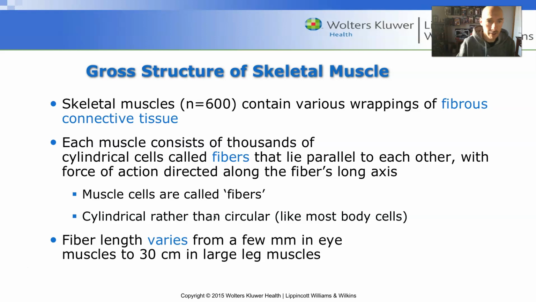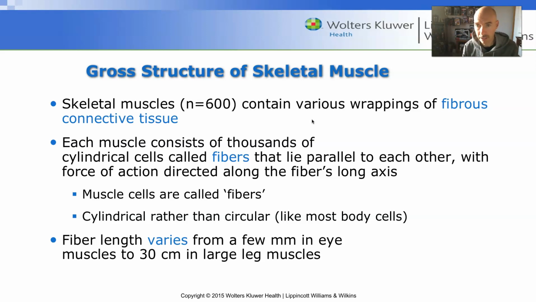So with skeletal muscles, there are about 600 different muscles in the body, okay? Each muscle is wrapped in what we call connective tissue, and that connective tissue is what attaches the muscle to the bone, okay?